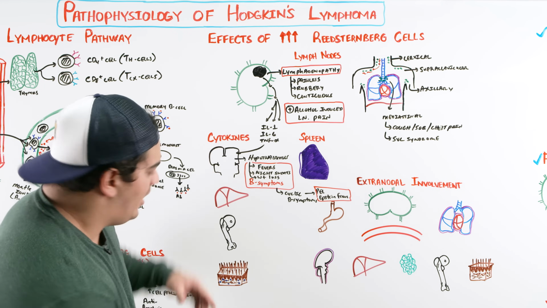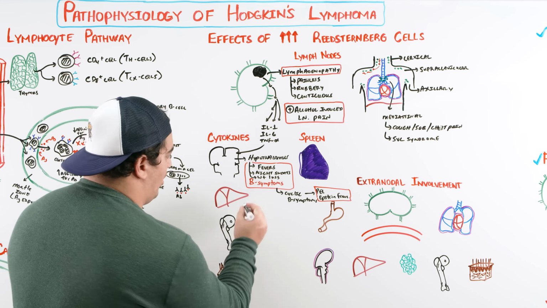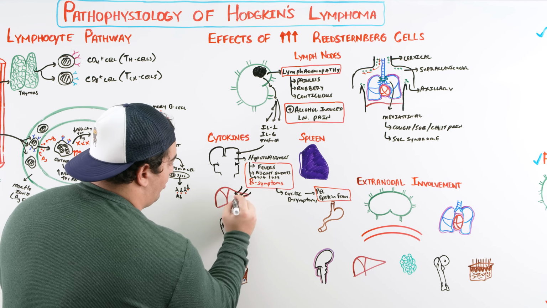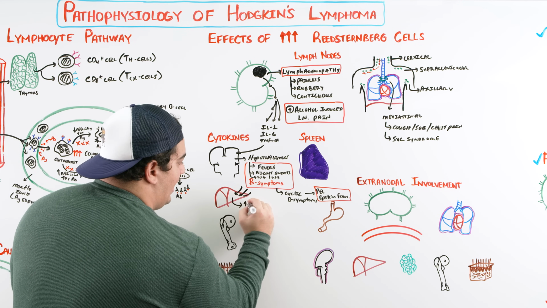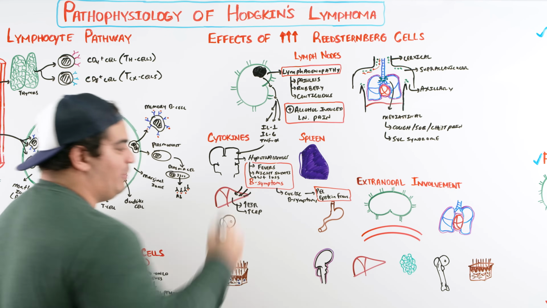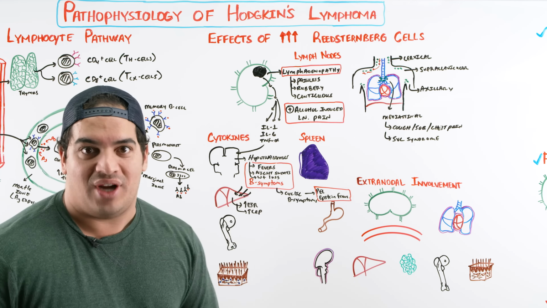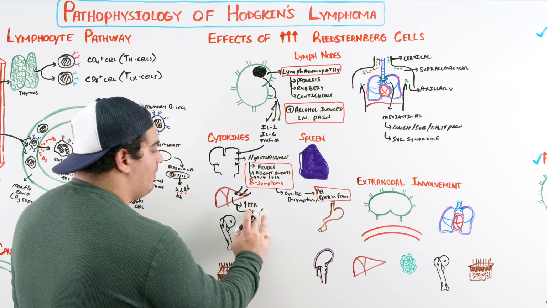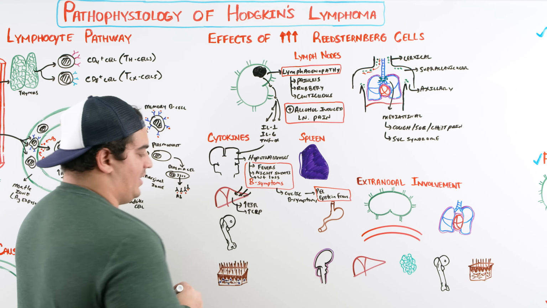All right, what else with the cytokines? The cytokines can also tell the liver to produce things like an increase in the erythrocyte sedimentation rate, or an increase in the CRP. So these may be lab markers that you could check to see that there's a lot of markers of this liver reactivity.